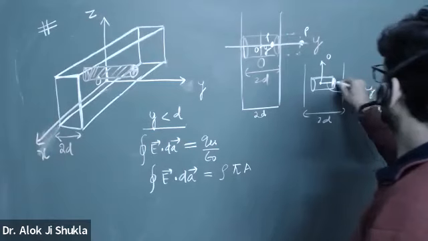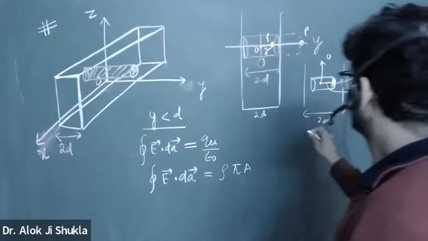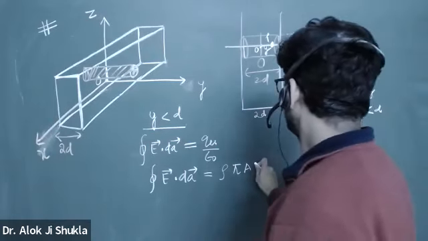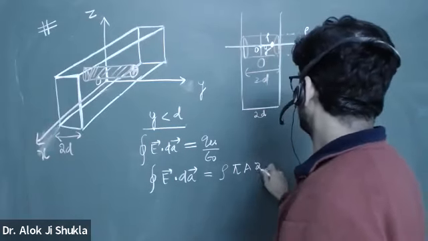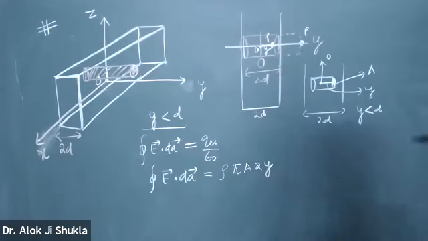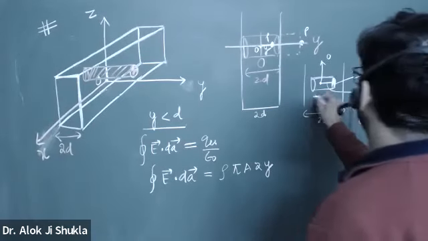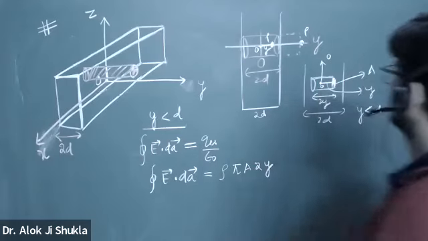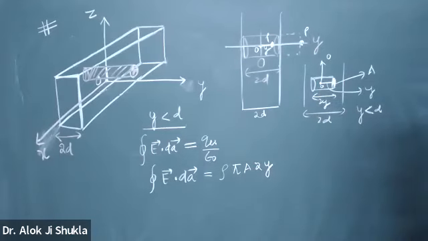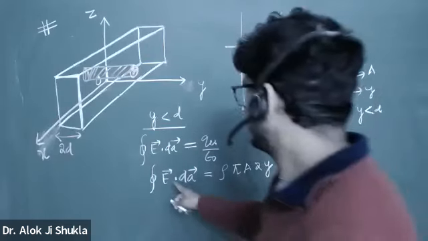Take this cross section as A, so it is rho into A into length. Y on this side and y on this side, how much will it become? 2y. The total length of this will become 2y. This is the origin.